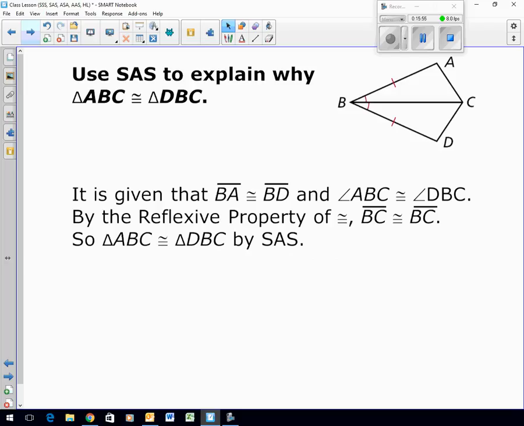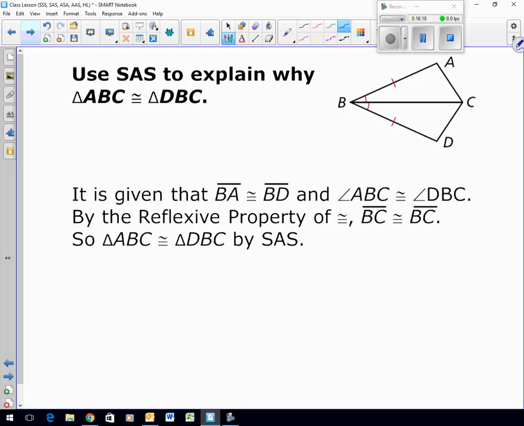How about here? Can I use side angle side to prove that triangle ABC is congruent to DBC? Yes. What theorem? Let's make sure. Is it this? Check it out. Is it side angle side? No, it's not. What is it?